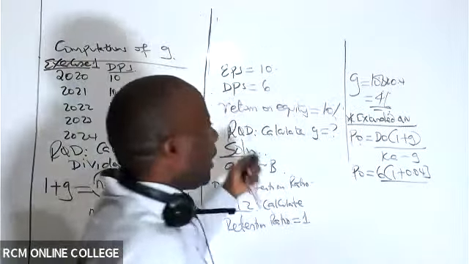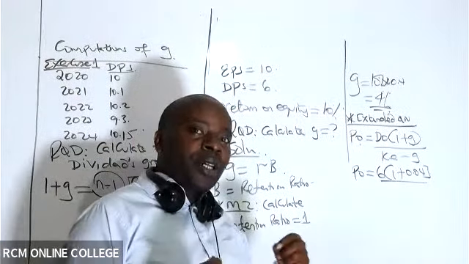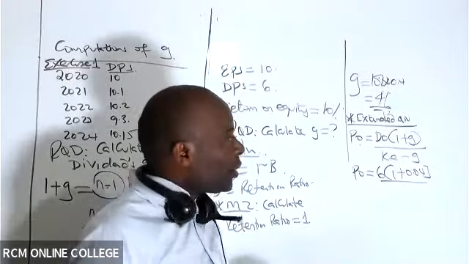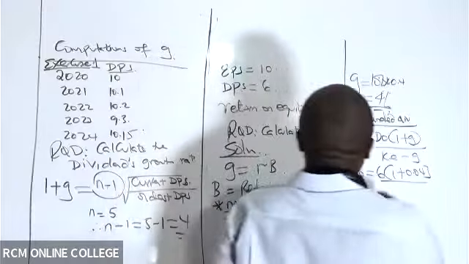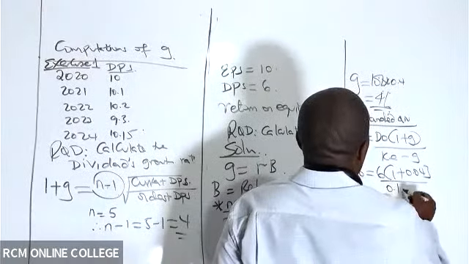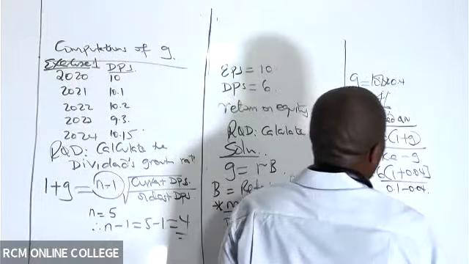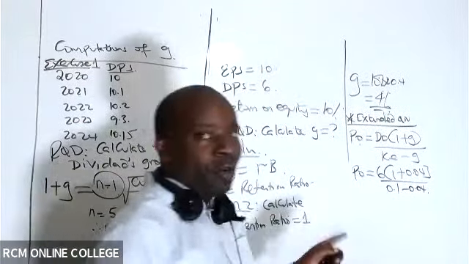What equity holders call a return, to the company is a cost. So the cost of equity here is 0.1 minus the growth, which is 0.04. I would have very easily gotten the value of a share.